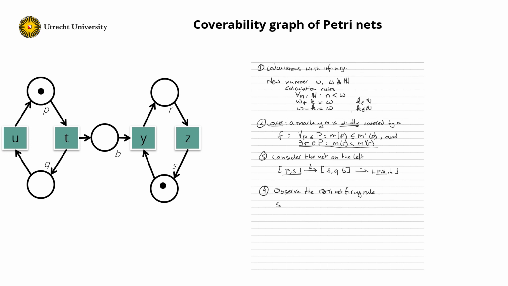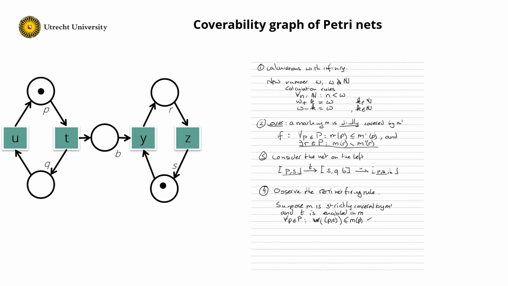Suppose I have some marking M, and M is strictly covered by M prime, and transition T is enabled in marking M. If you recall the firing rule, it says that for all places P, if we take the weight function and consider the input place P of transition T, then this number in the weight function should be smaller or equal than the number of tokens in marking M. And this should hold for any place P. But now notice that marking M is covered by marking M prime.